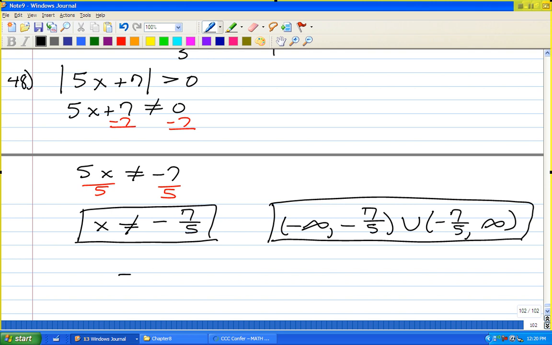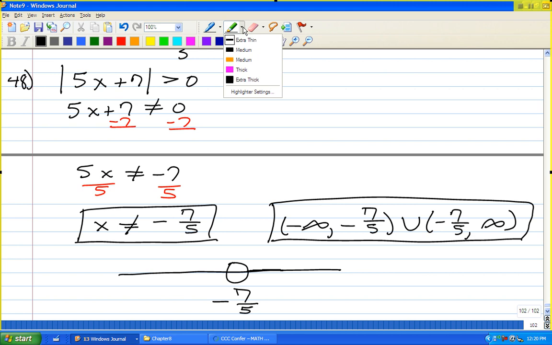It is everything except for negative 7/5.